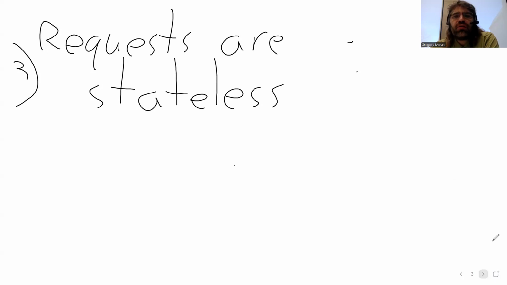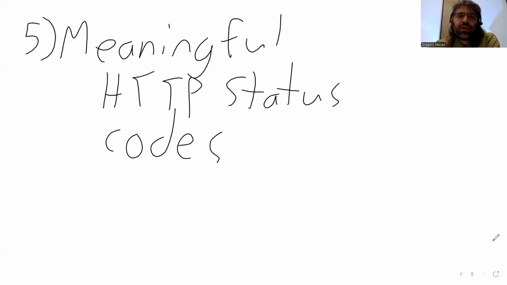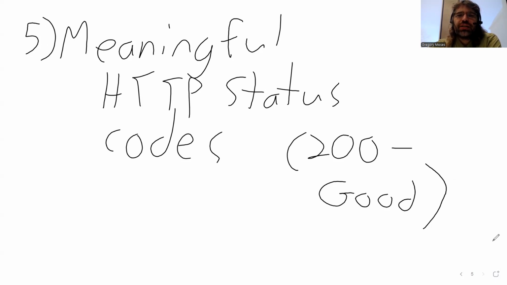Or maybe we've made a typo in the URL. And the only one of these you really probably need to memorize is that 200 is the good one. This is what we want. This means that everything has gone according to plan.